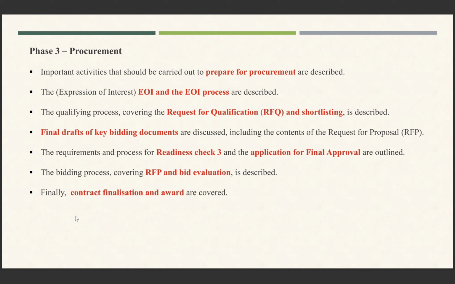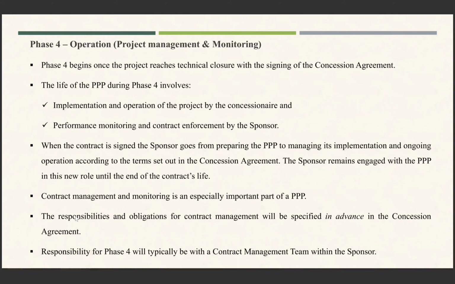Request for qualification and shortlisting is done in this phase, and the final draft of key bidding documents is discussed, and the requirement and process for readiness check 3 and application for final financial approval are outlined. Finally, the contract finalization and award are covered in phase 3. And in phase 4, there is project management and monitoring. This phase begins when the project reaches technical closure with the signing of the concession agreement.